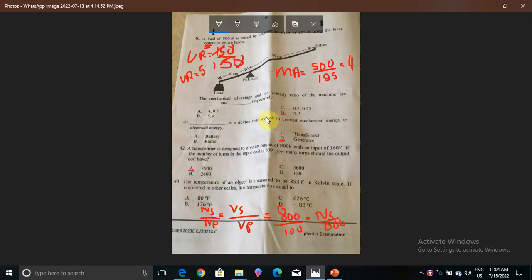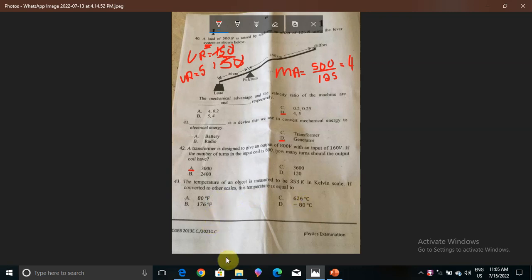Okay, now question number 43. The temperature of an object is measured to be 353 Kelvin in Kelvin scale. If converted to other scales, this temperature is equal to what Fahrenheit or to what Celsius?